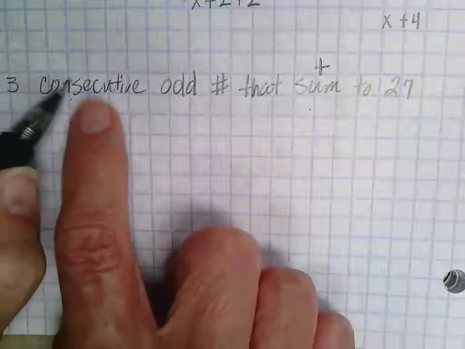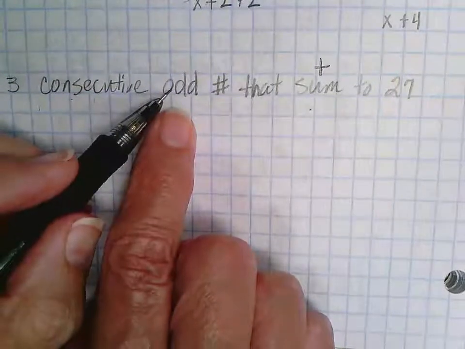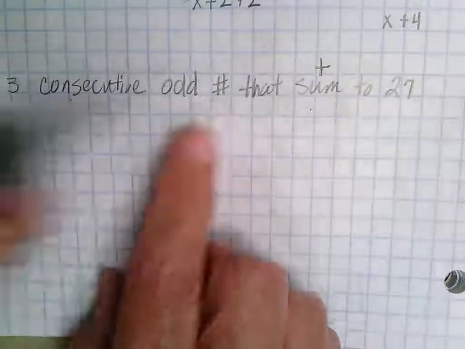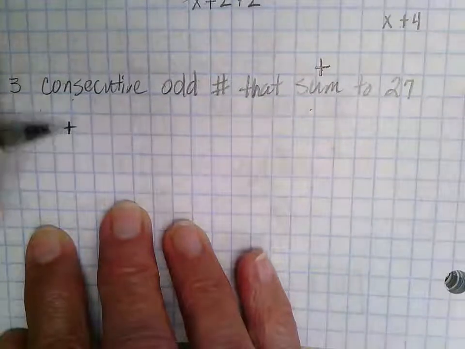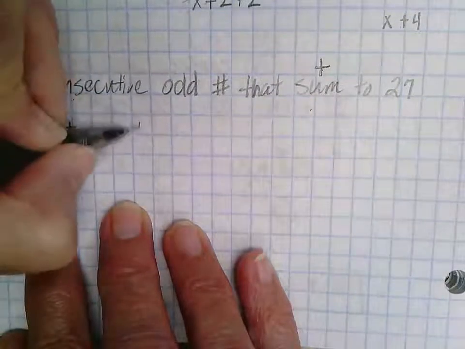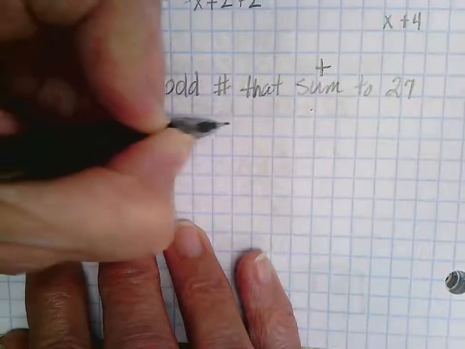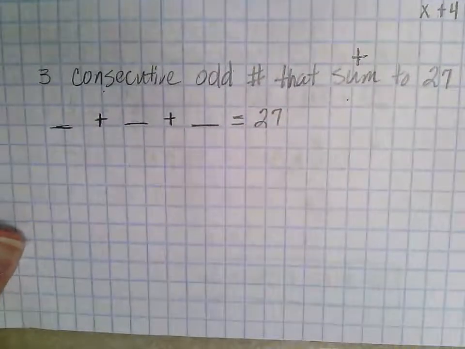Consecutive means they're going to come one right after the other in order, but these are all going to be odd. 3 odd numbers. So here's going to be 1, here's going to be another one, here's going to be my third one, and they all have to equal 27 when I add them together.